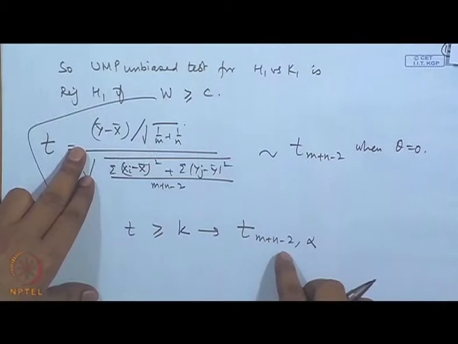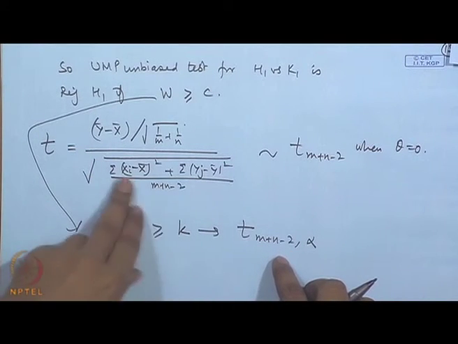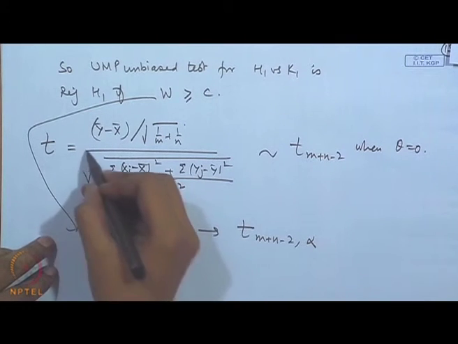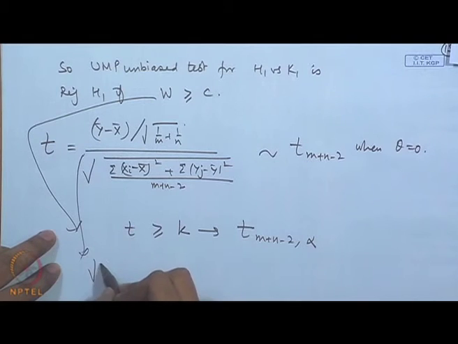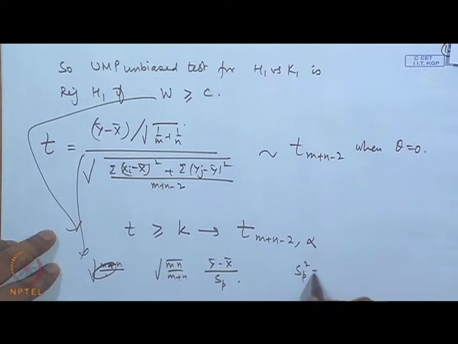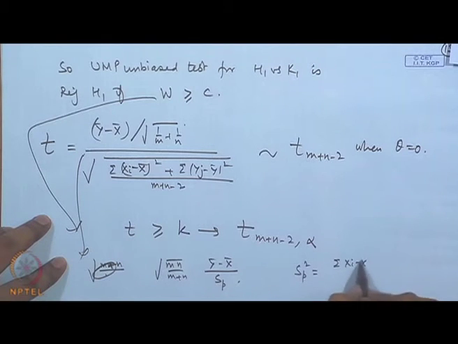So, you can see here this is the pooled sample variance formula that we are getting. In fact, we can write this term as root mn by (m plus n) times (y bar minus x bar) divided by S_p, where S_p square is sigma (x_i minus x bar) whole square plus sigma (y_j minus y bar) whole square, divided by m plus n minus 2.